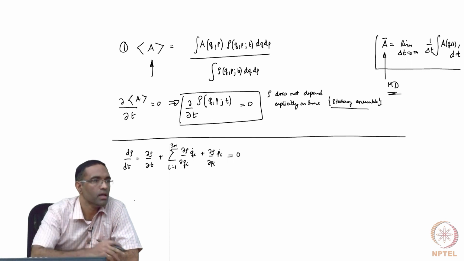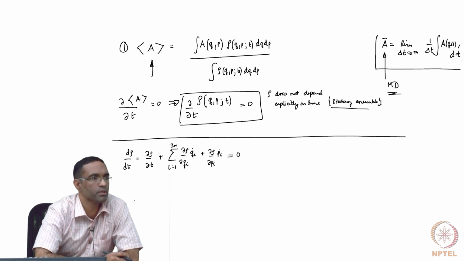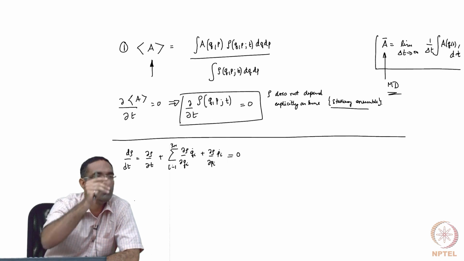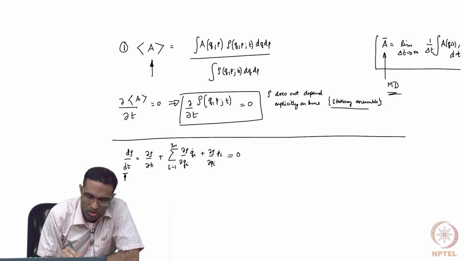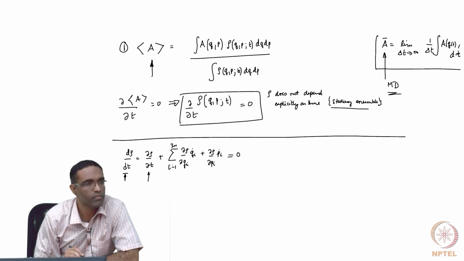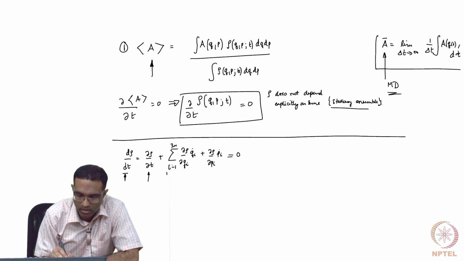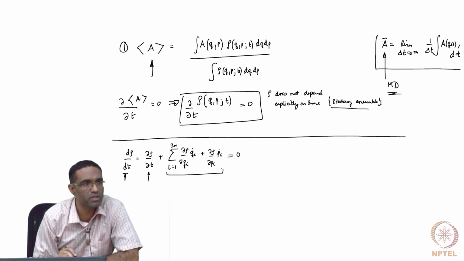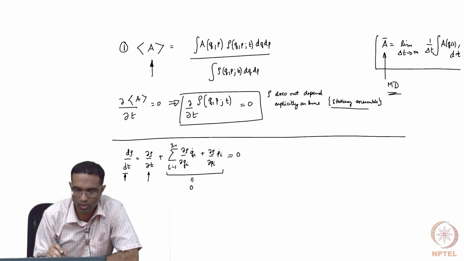We compared it with the mass balance equation, talking about incompressibility: the points in the phase space move like an incompressible fluid. So if this is always 0, and we want dou rho by dou t also to be 0, then one of the conditions that rho must satisfy is that this quantity, which I have marked right here, must also be 0.